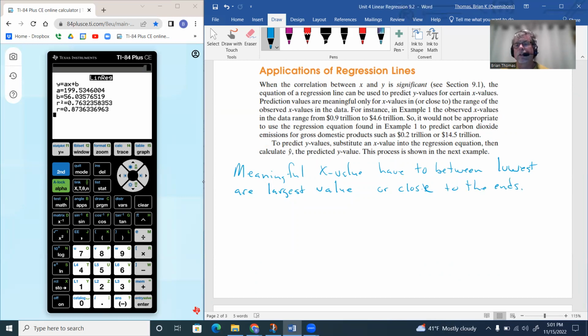So that becomes kind of a judgment call. So when we predict, we have to pick x values that are meaningful. Meaningful x values are going to be between the lowest value and the largest value, or again, close to the ends. That's what the range is. The range is kind of the distance between the smallest value and the largest value.